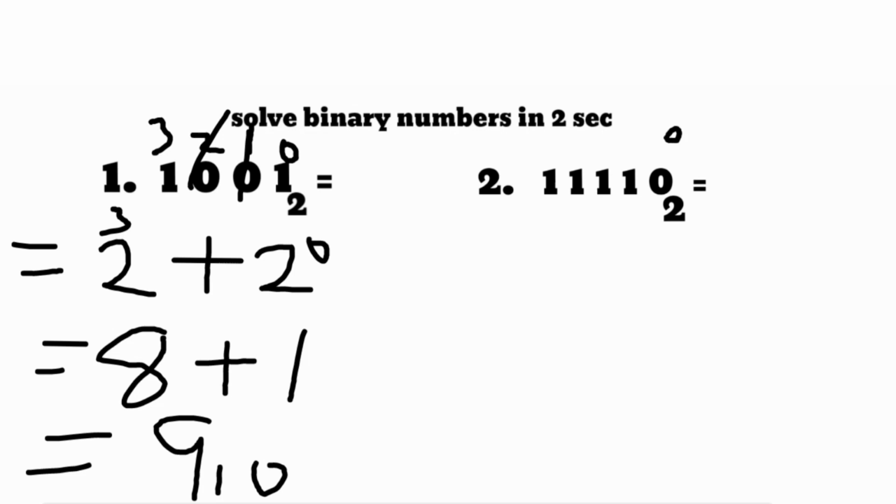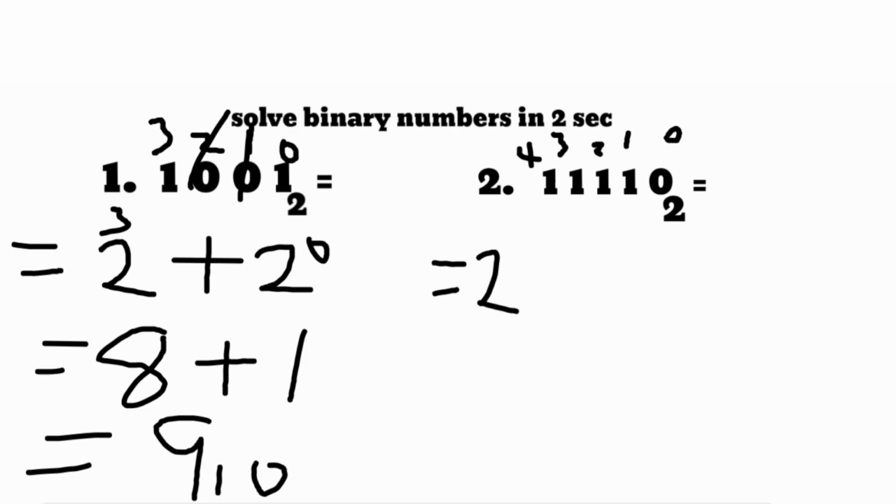We have 0, 1, 2, 3, and 4. Now what did I say you do? First and foremost, you should understand that you are doing base 2 and you are converting it to base 10, which is the number you know. So you're going to be using that base 2.